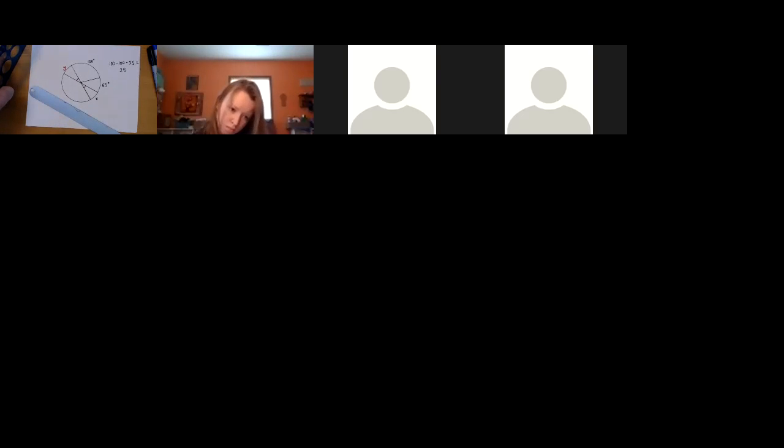But you could also, if you were looking at it really carefully, what do we call these two angles? There's a name for that kind of a pair of angles. Vertical.